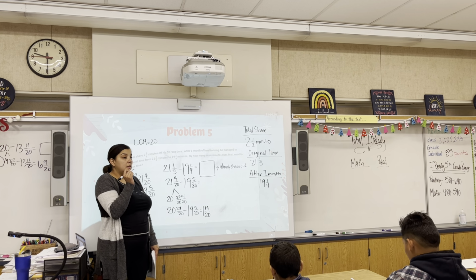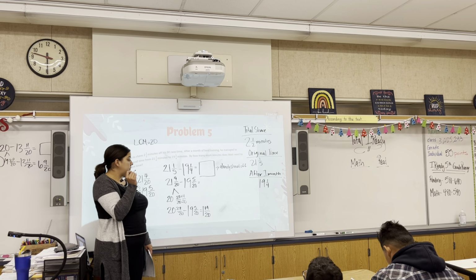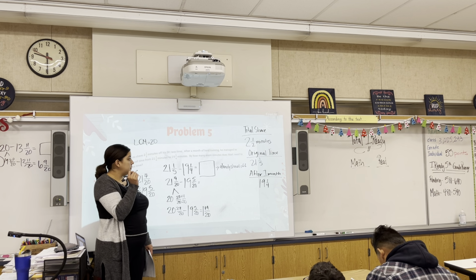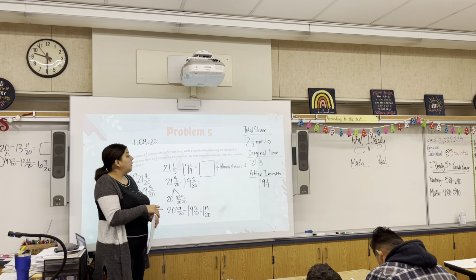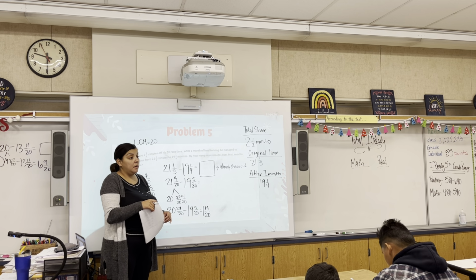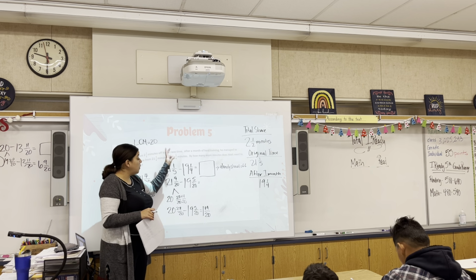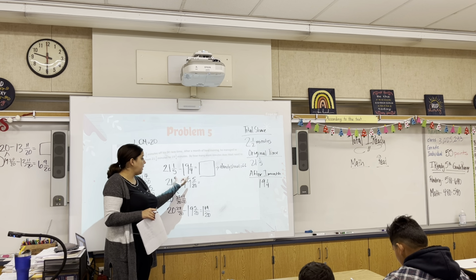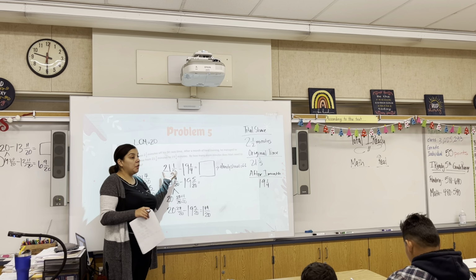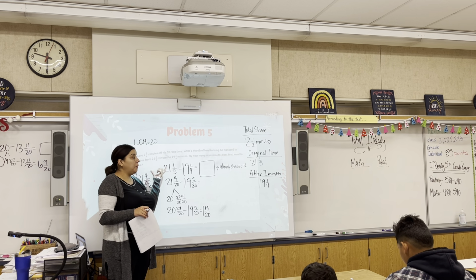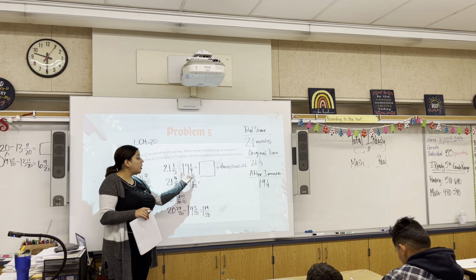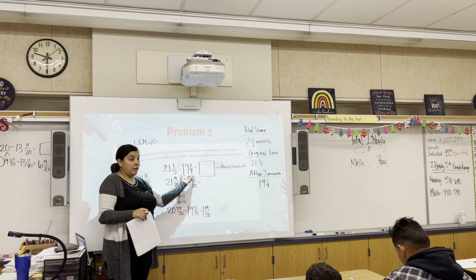What does it mean by how many more minutes does Matt need to lower his time? So that's what we're trying to find, right? Because we already know that after 1 month, his time changed, right? So this was his time before he started training, and then he trained, and this is the time he shaved off.